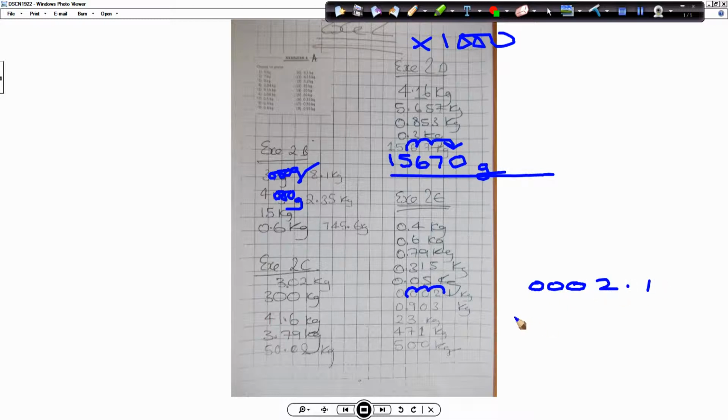That's my rough answer for the next line. What's my final answer, Ali? 2.1. 500 kilograms times that by 1,000. What do we do to it? Simply add 3 zeros. Finished.